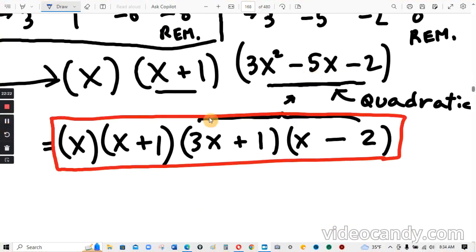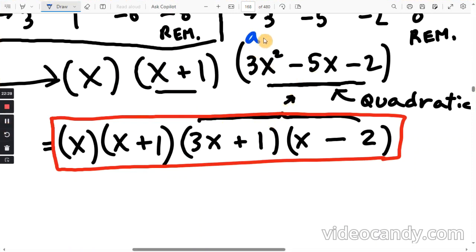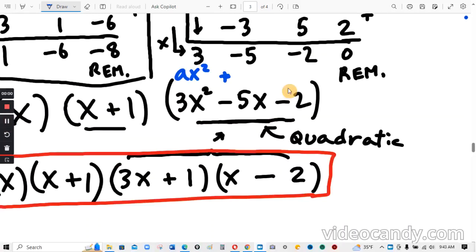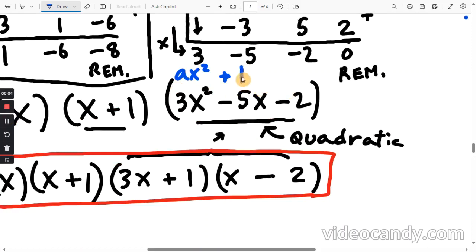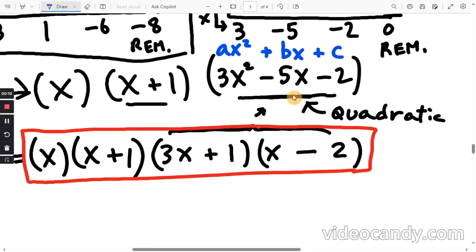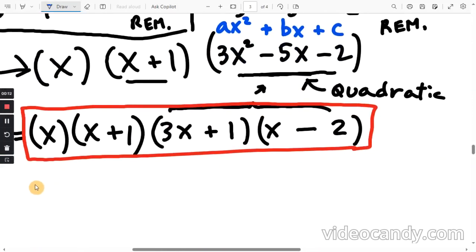Let's do that last part again in case you didn't get it. This is in the form of ax squared plus bx plus c. When we do factoring by grouping, you have to start with a times c.